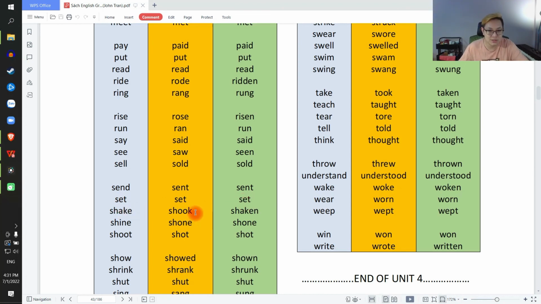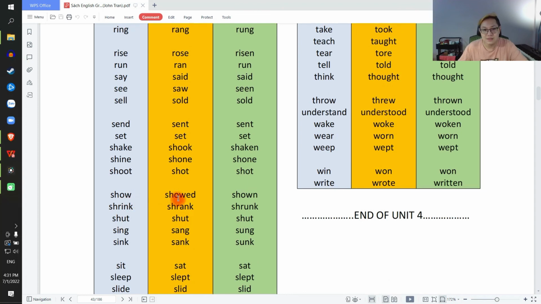Shake, shook, shaken. Shine, shone, shone. Shoot, shot, shot.